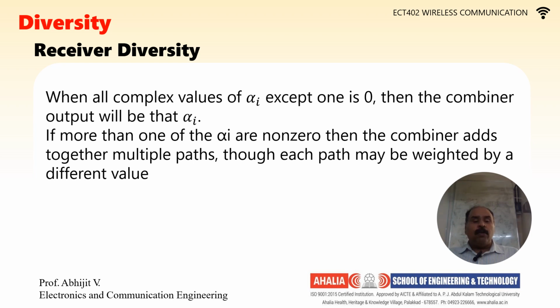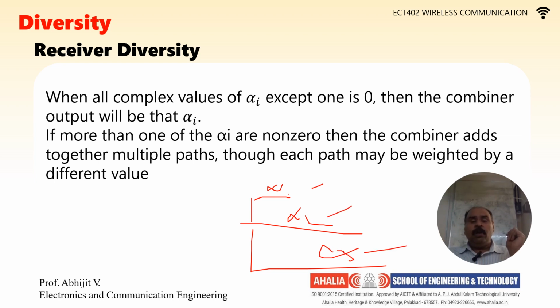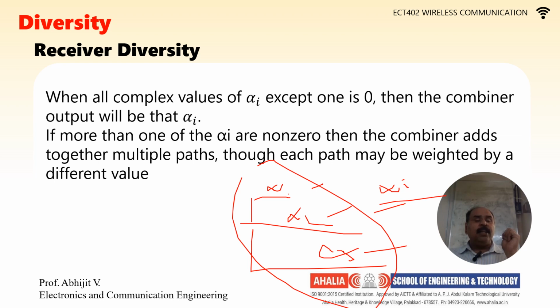When all complex values of alpha I except one are 0, then the combiner output will be that of alpha I. So let us imagine that we have alpha 1, alpha 2, alpha 3 and so on, and except for one, let us consider this to be alpha I. Except for alpha I, if all these multipliers are 0, the only output that we receive will be that of alpha I. If more than one of the alpha I is nonzero, then the combiner adds together multiple paths, each path weighted by different values.